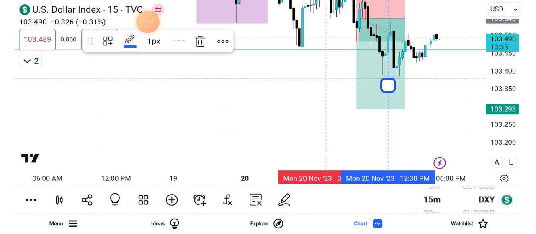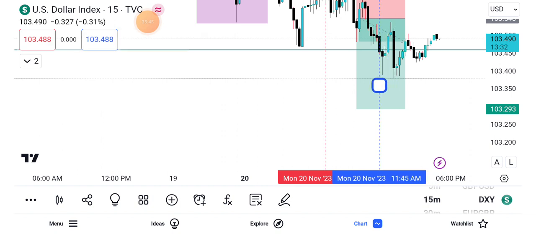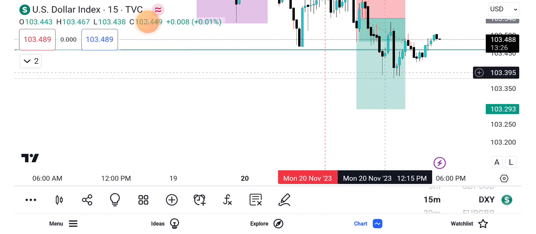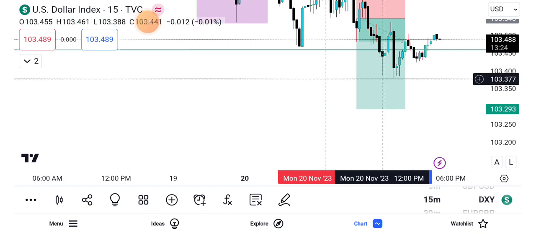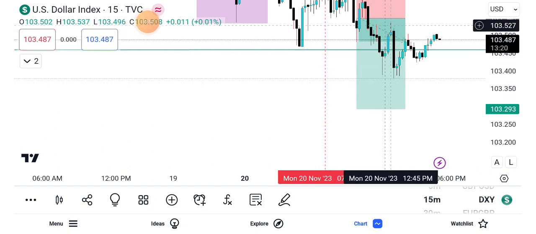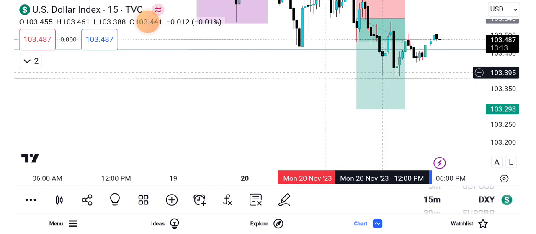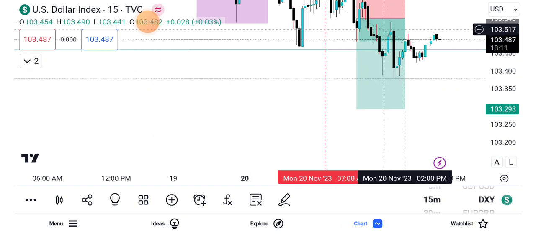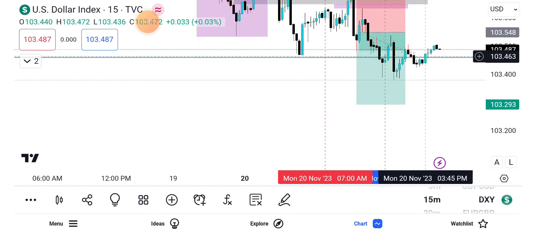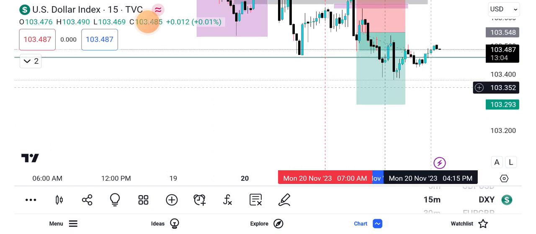Yeah, here after this candle I could have closed my trade, because it's past 12. Then we saw this retracement to our entry, you can see there.